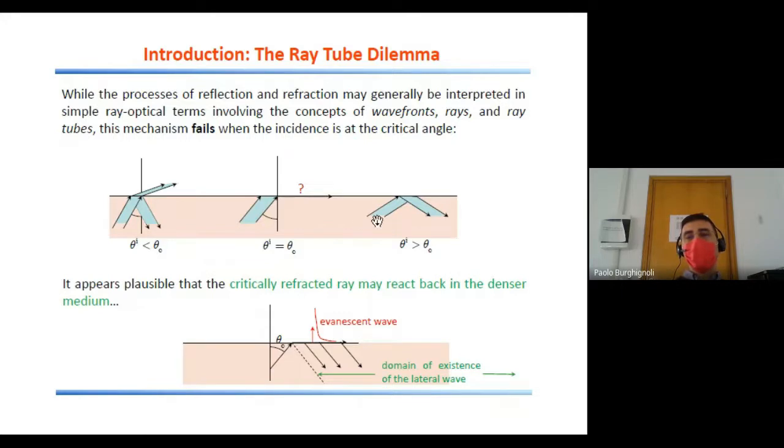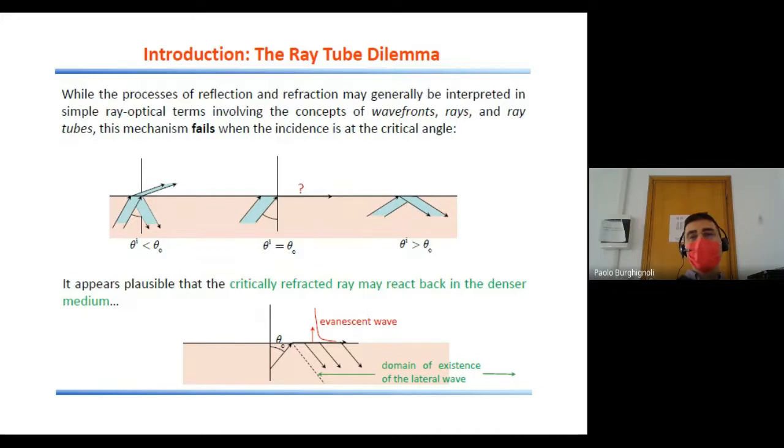So if you now consider an incident angle larger than the critical angle, then in this case, the real power is only associated with the incident and the reflected waves. So you have a complete transfer of real power, because in the upper medium, only a reactive kind of power is present. So there is energy in the vicinity of the interface, but no net transport of power above.